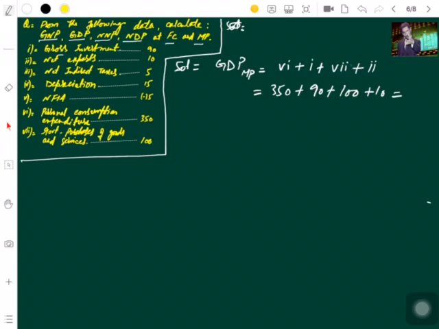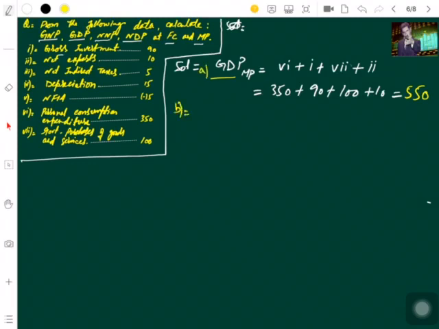Okay, so your answer is 550 crores. I am not concerned about it. What I am concerned about is that I calculate GDP at MP. What we will do second now, let us name it A.